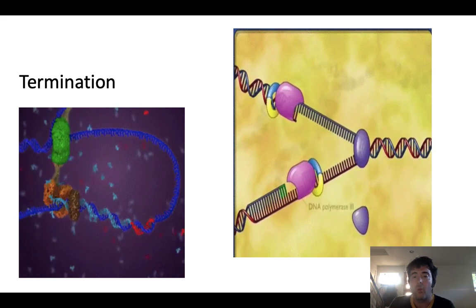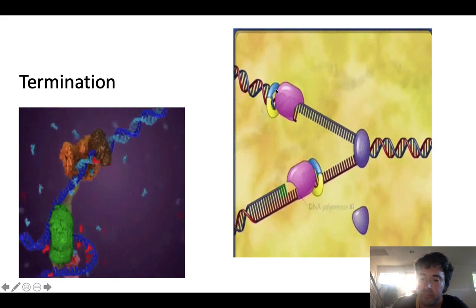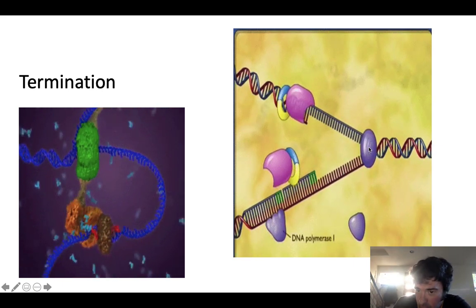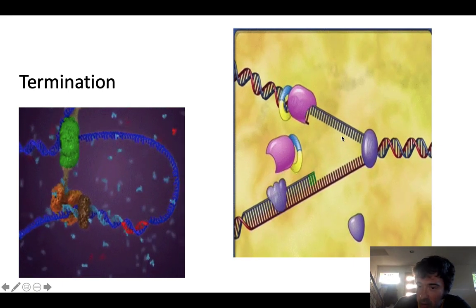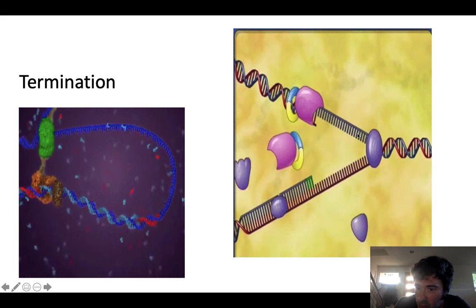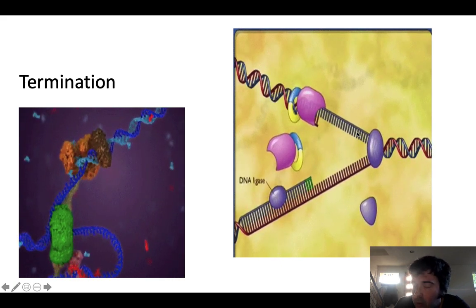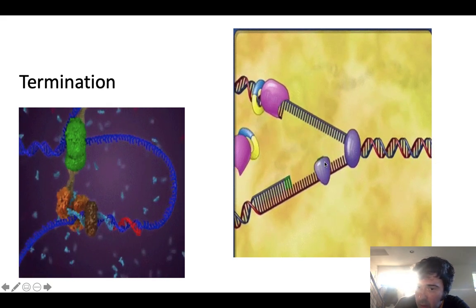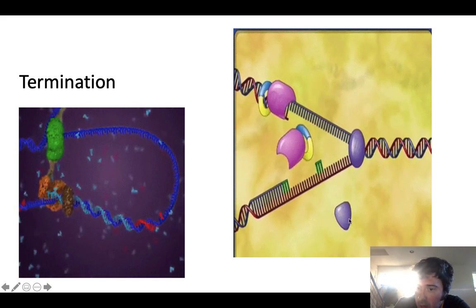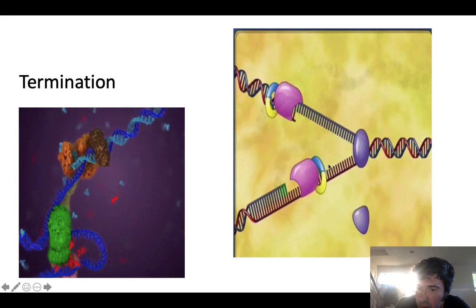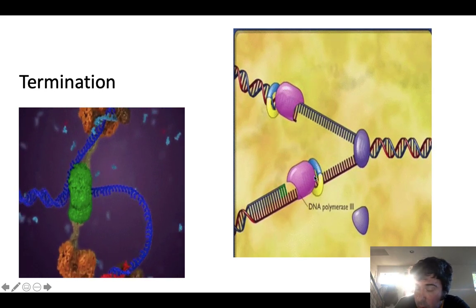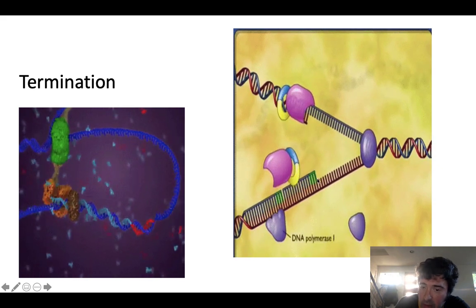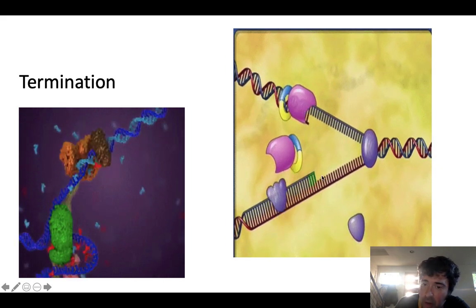So I kind of want to walk through what's happening here. So you have your replication fork. This is DNA helicase right here. It's splitting those DNA molecules. It's splitting the two strands in the DNA molecule. It's breaking those hydrogen bonds. Then you have a little enzyme called DNA primase. It puts in an RNA primer so the DNA polymerase enzyme knows where to start replication from.